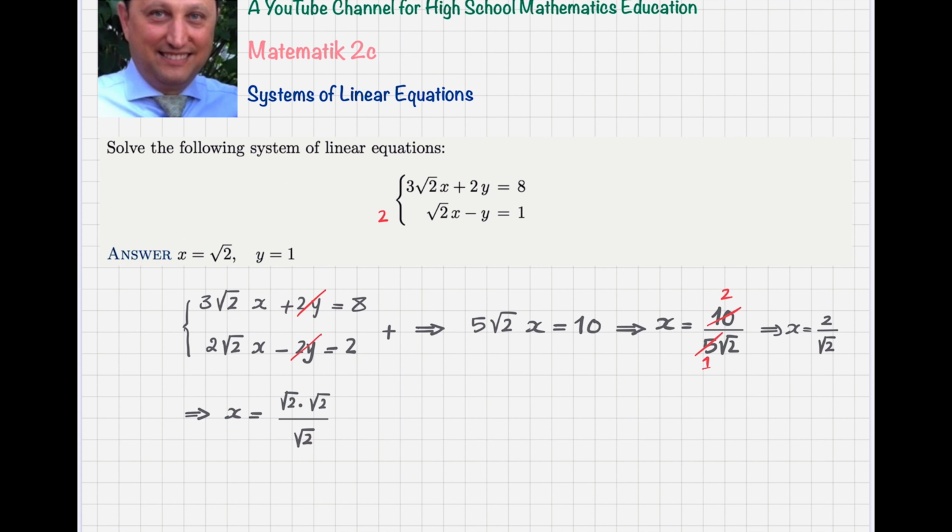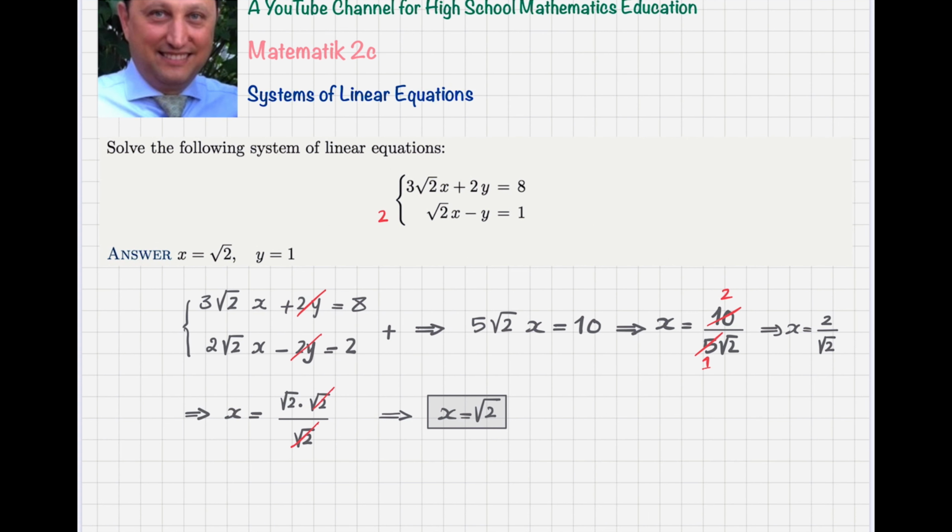Square root of 2 is the same square root of 2 here, but instead of 2, I have written a square root of 2 times another square root of 2. And then you can immediately realize that one of these square root of 2 will be simplified with one of them, and what is left for me is just x is equal to square root of 2 as demanded in the problem. So this is the answer for x.